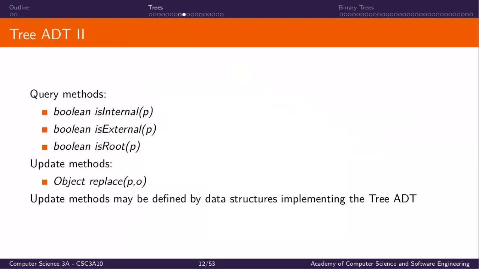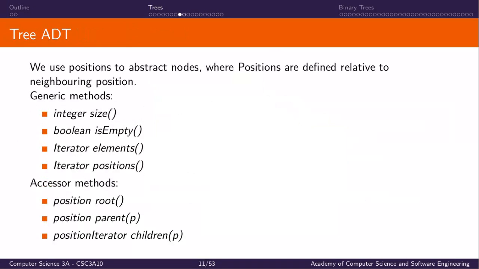That is true as well. Okay, we said that we have this behavior that you should be able to return the root of any tree, the parent of a particular position, and then the children of a particular position.